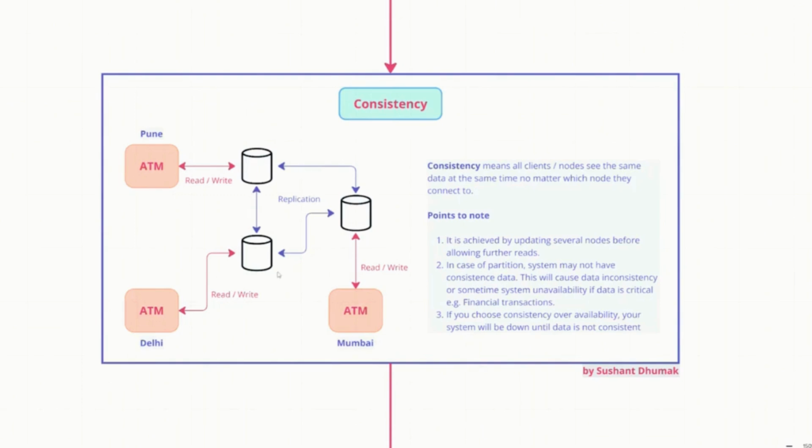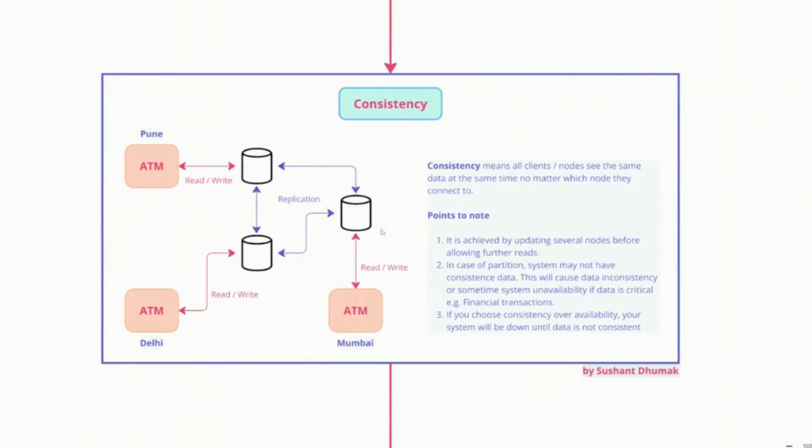But for a financial transaction, if it is not replicated immediately, there will be confusion and frustration. That's why this kind of consistency is necessary. So again, you have to choose between consistency and availability. Both have positive and negative sides. Let's look at some points, then we can discuss further. As I mentioned earlier, it is achieved by updating several nodes before allowing further reads.